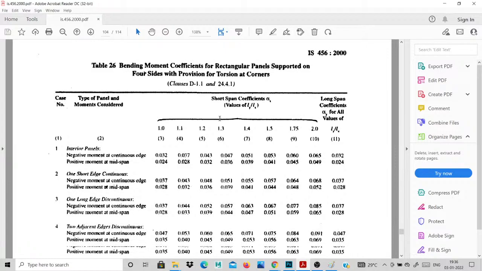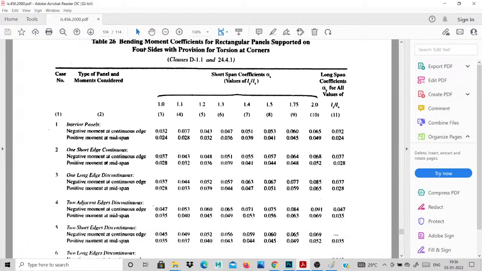There are four moment coefficients for this two-way slab: the shorter span coefficient, and the mid span also, for support and span conditions. First you must know the edge conditions for two-way slabs. There are so many edge conditions: the interior panel, one short edge continuous, one long edge continuous. What is meant by short edge continuous, or one discontinuous edge? You must know that thoroughly.